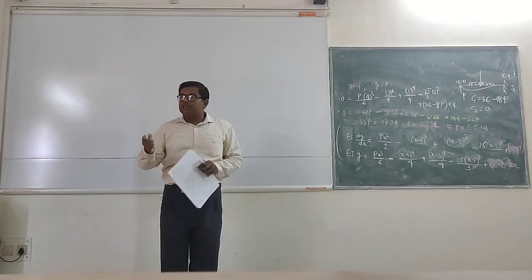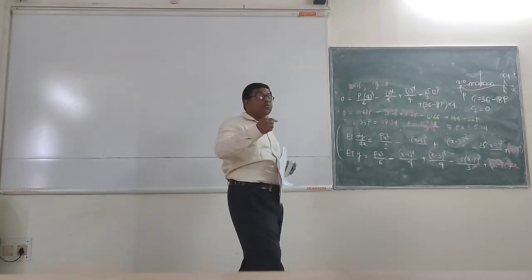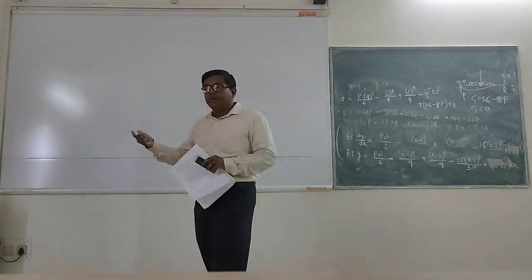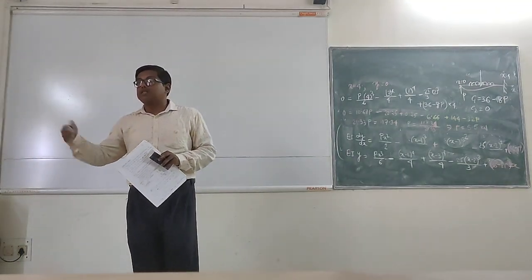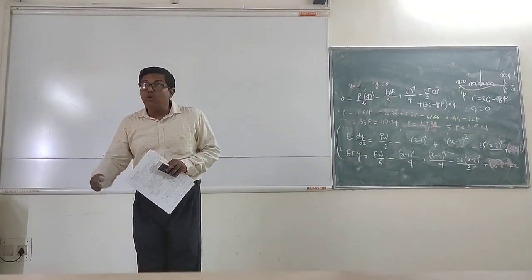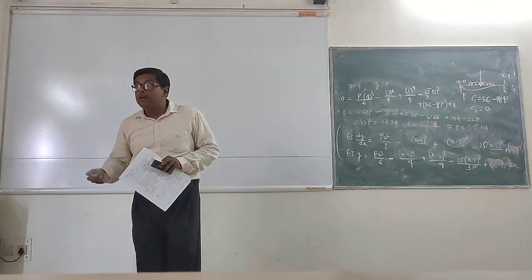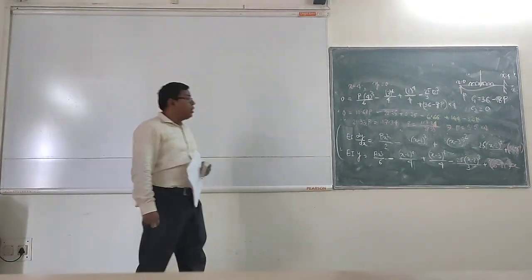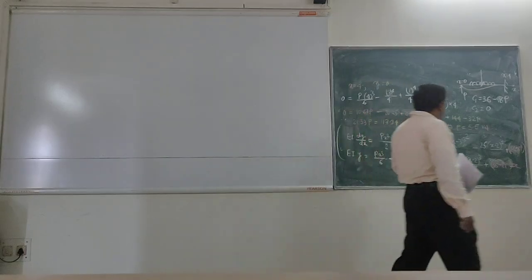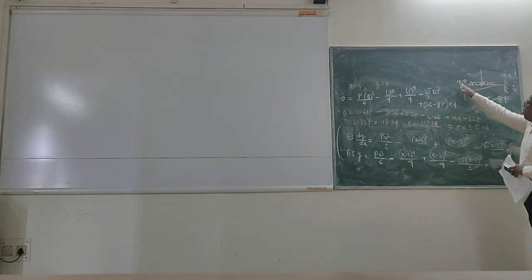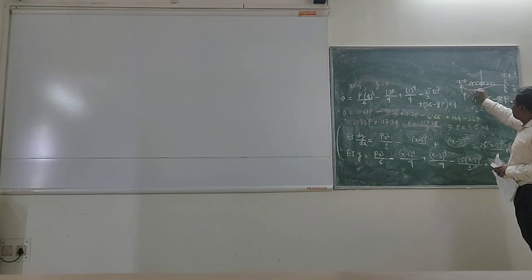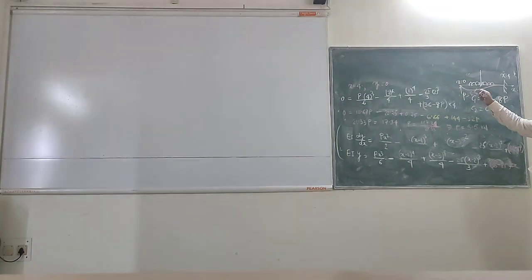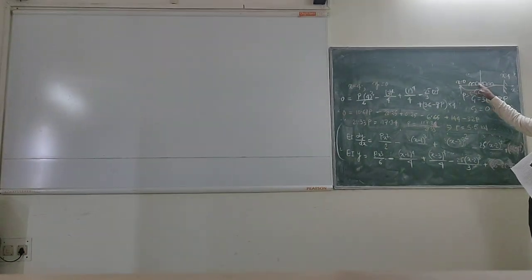And the next part is: where will the bending moment be maximum, and what will be the value of the maximum bending moment? So the bending moment maximum will be somewhere, because you see, this load is nothing but 5.5, so it is going to create some bending moment at this section, as well as this UDL will create.